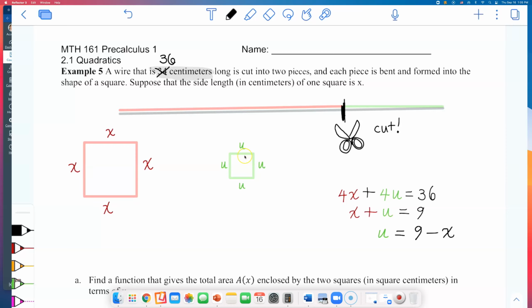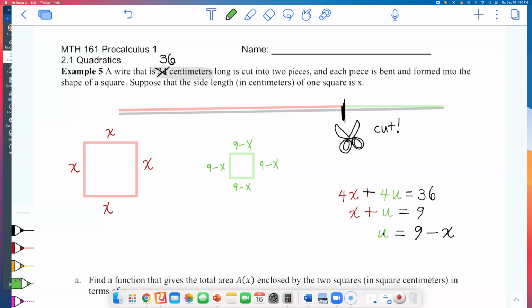This u is 9 minus x. So instead of u, I can change that to 9 minus x all around. It was difficult. We know the first one is simply x, but for the other one we had to do some work to rewrite the side length in terms of x instead of using u.